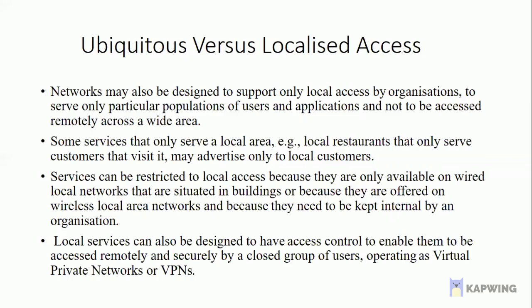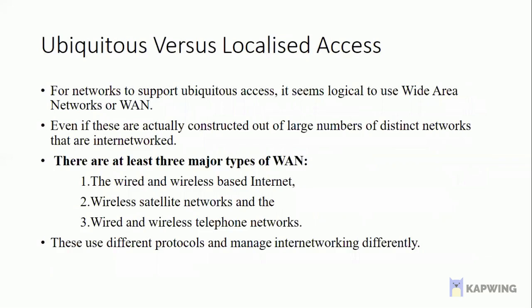Local services can also be designed with access control to enable them to be accessed remotely and securely by closed groups of users operating as virtual private networks. For networks to support ubiquitous access, it seems like a locally used wide area network, even if this is actually constructed out of a large number of distinct networks that are internetworked.